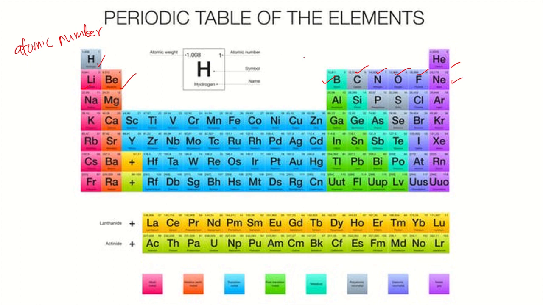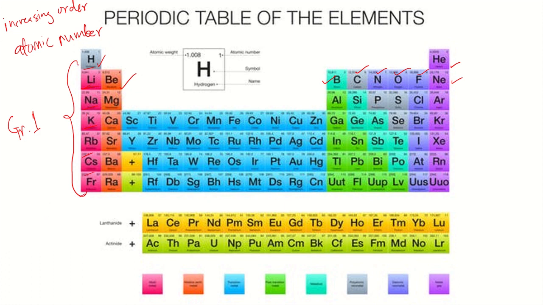So here the elements are arranged in the increasing order of their atomic number. When we arrange the elements in this order, we tend to observe elements expressing similar physical and chemical properties. For example, if we take group 1, here we have hydrogen, lithium, sodium, potassium, rubidium, caesium, francium.